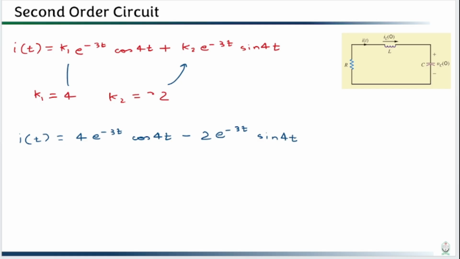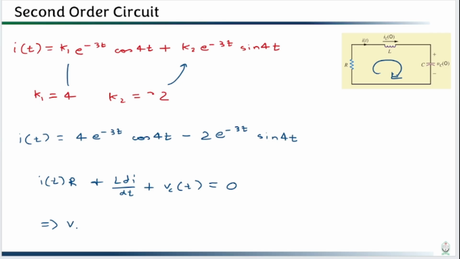Another part of this question asks us to calculate the voltage across the capacitor. So now we can apply the KVL through this loop again. That gives us i(t)R plus L di/dt plus Vc(t) equals 0.